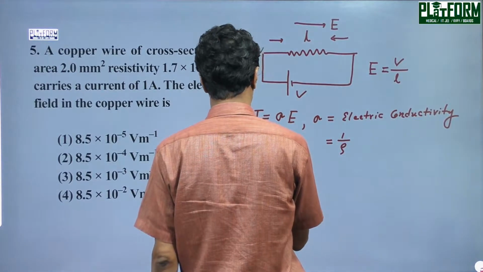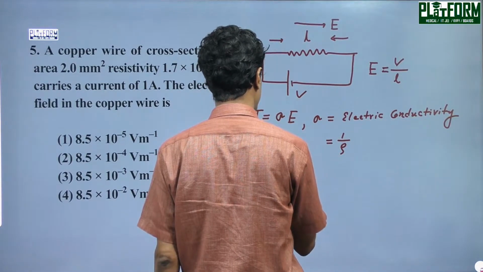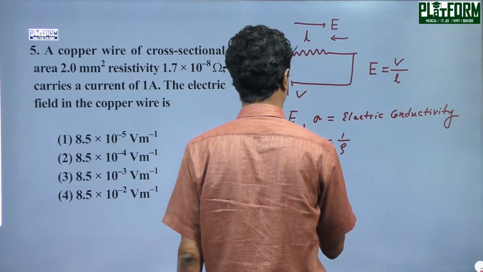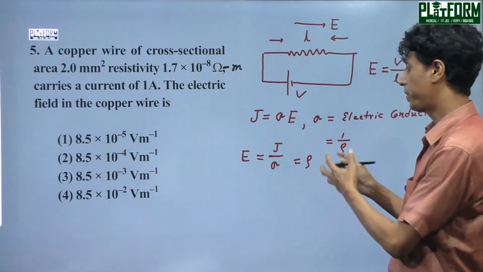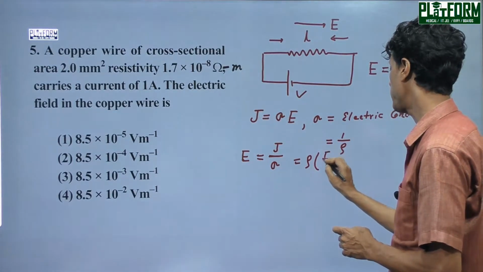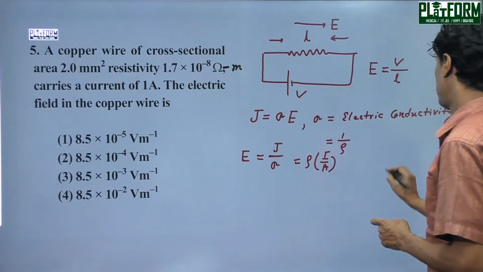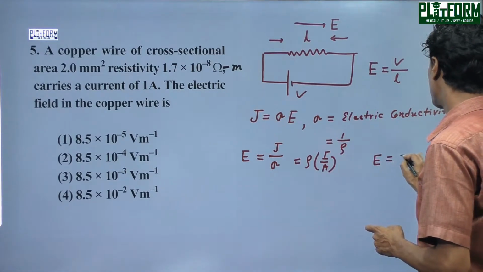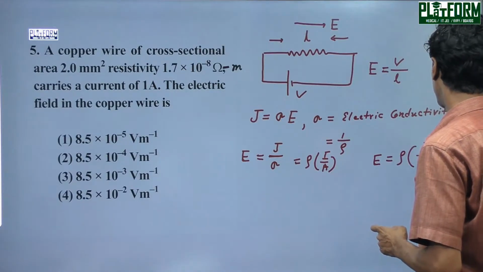Electric field is equal to J by sigma, and finally it is rho, the reciprocal of conductivity is equal to resistivity, and J equal to I by A. Electric field, we can write, is rho into I by A.